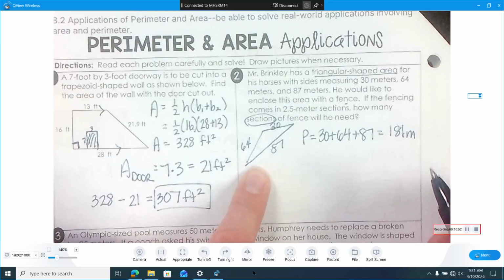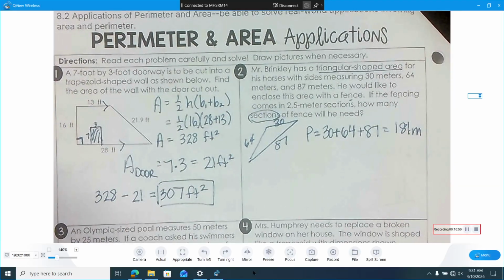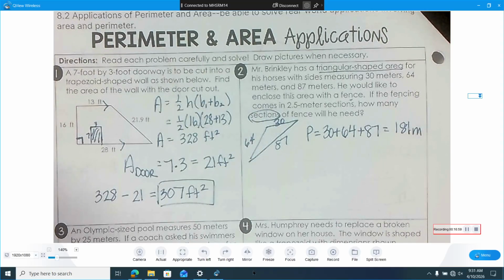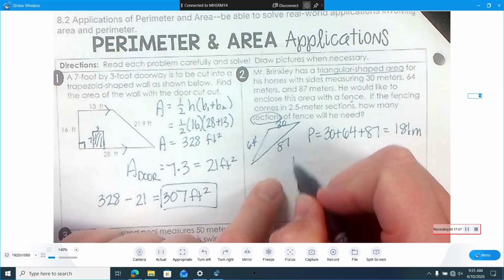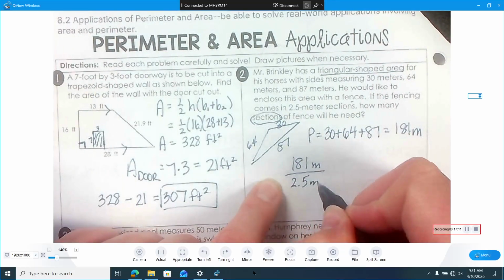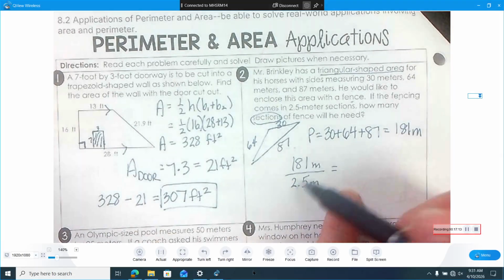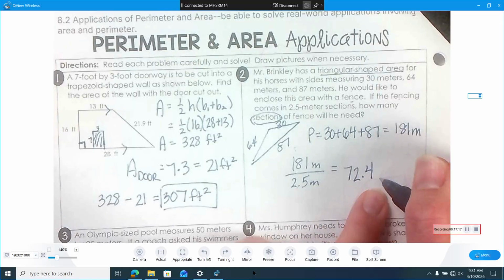But they only come in 2.5 meter sections. Those are like those pre-built fence walls like you can get at like Home Depot or whatever. So how do we figure out how many of those pre-built walls we're going to need? Yeah. So the 181 meters divided by the 2.5 meters, what is 181 divided by 2.5? 72.4 sections.